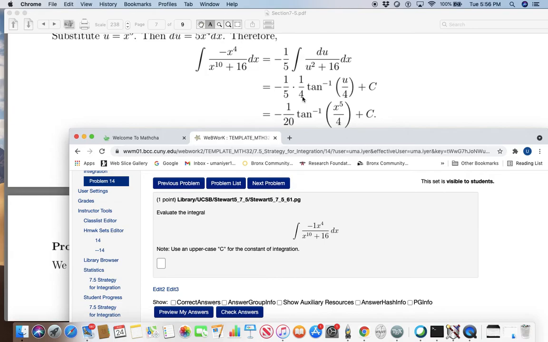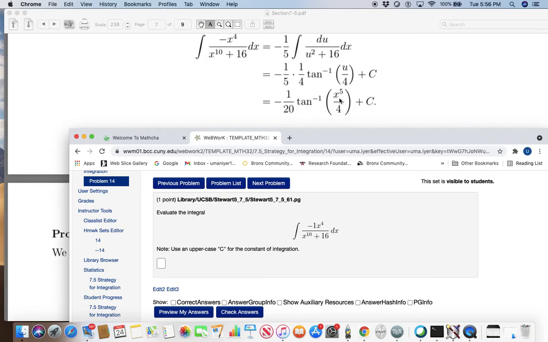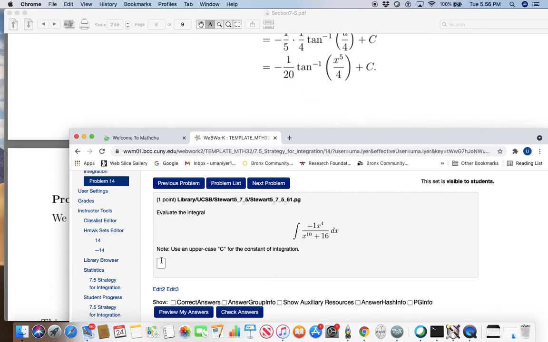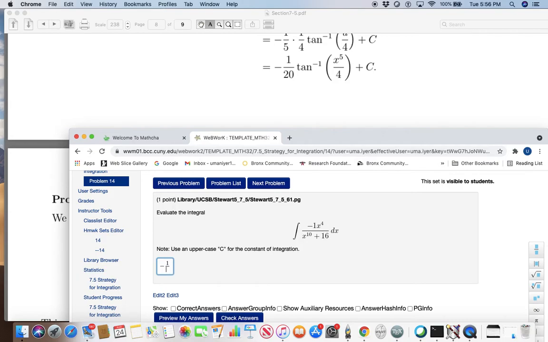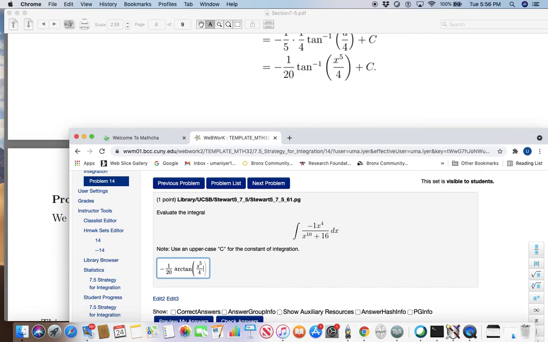That's 1 over 4 here. Arctan of u over 4. Don't forget to resubstitute, multiply these two, and you have negative 1 over 20 arctan of x to the power 5 over 4 plus constant of integration.